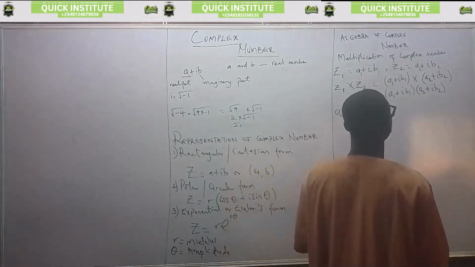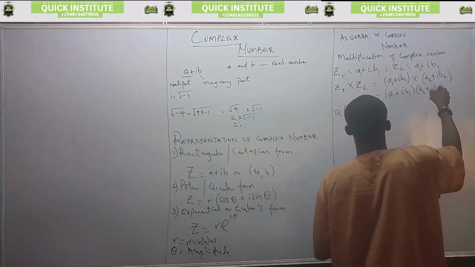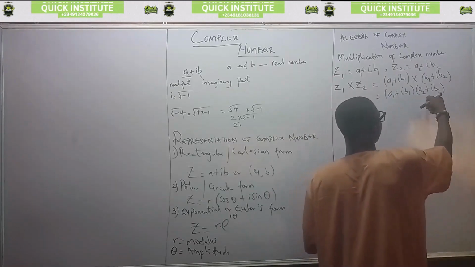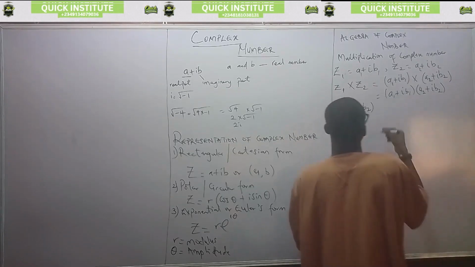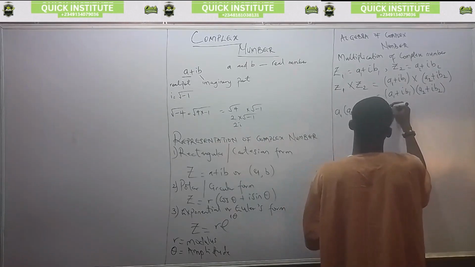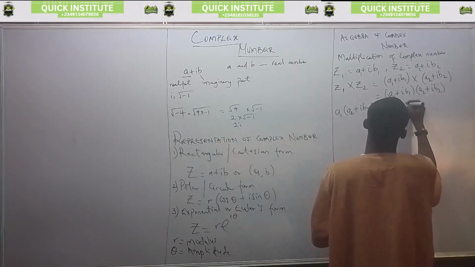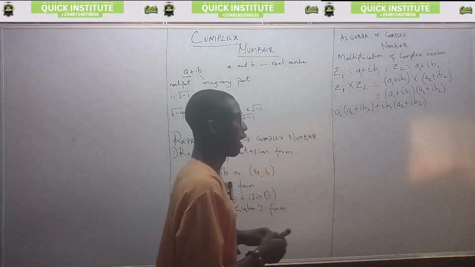And you take the imaginary part in the first bracket, ib1, and multiply it by everything in the second bracket, a2 plus ib2. So this is a normal expansion.